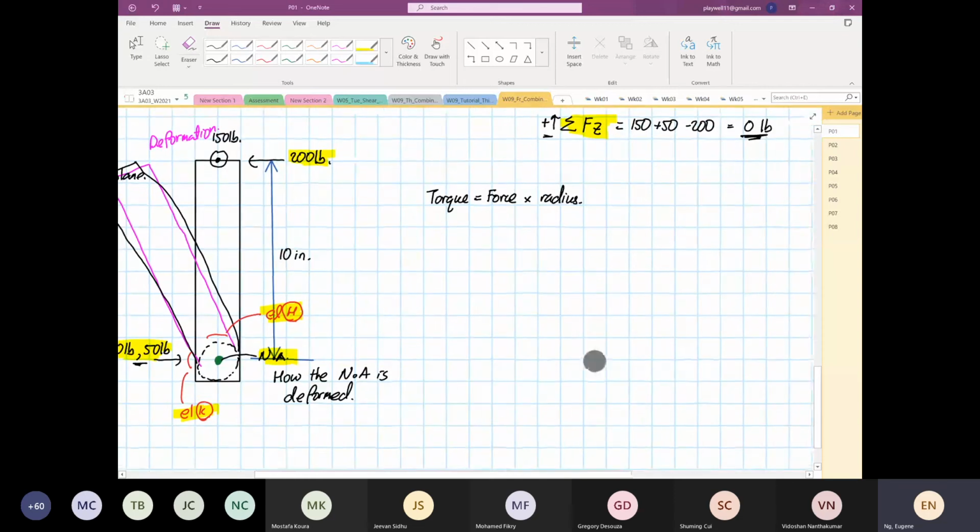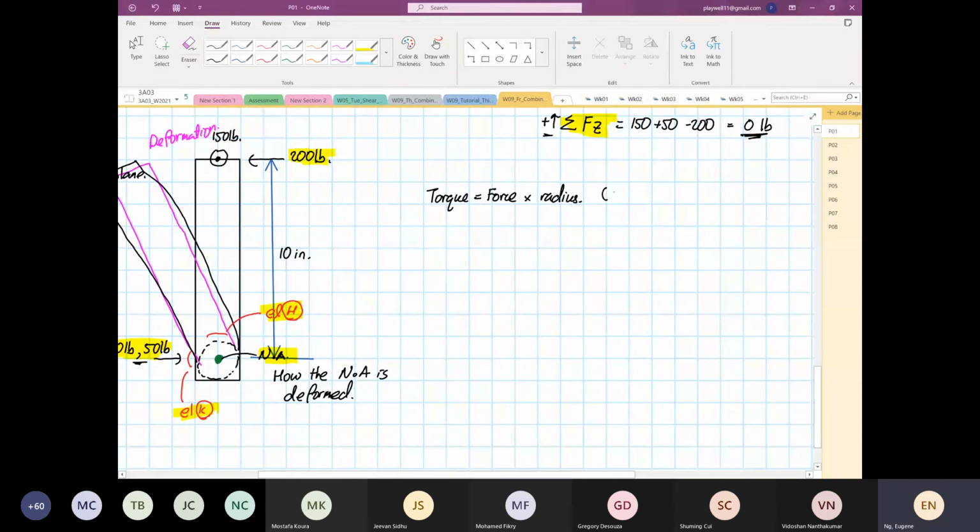All right. How to identify the torque: the neutral axis after deformation remains at the same location.